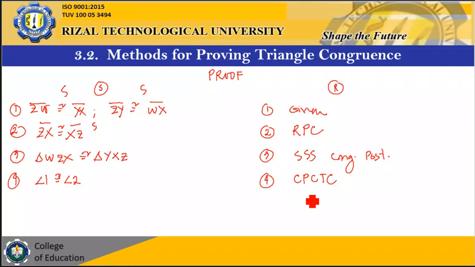Again, we are using this because we're able to show already that the two triangles, WZX and YXZ, are congruent. So it follows that its parts, in this example angle 1 and angle 2, are also congruent, by CPCTC.